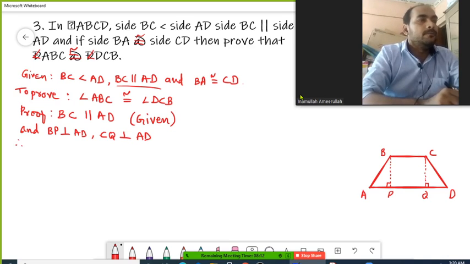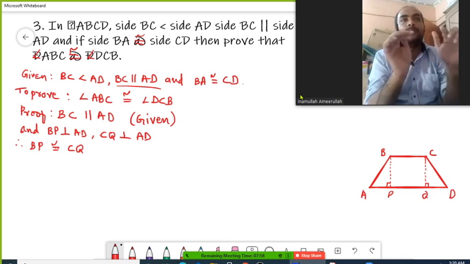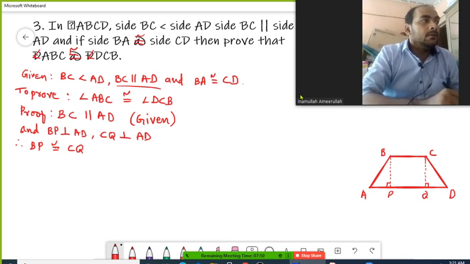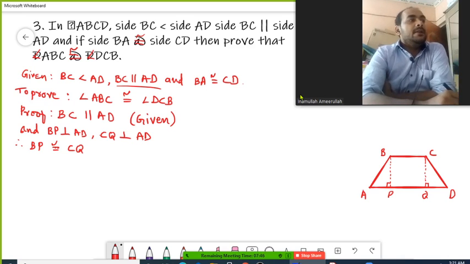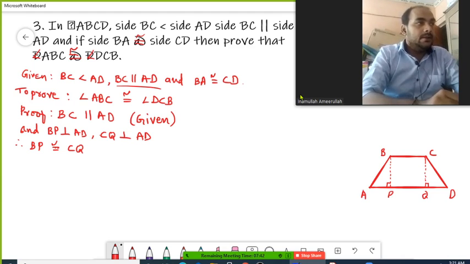Therefore, I can say BP is congruent with CQ, because if you measure the perpendicular distance between two parallel lines at any point, it will be the same. That is the reason BP is congruent with CQ: BC is parallel with AD and BP and CQ are perpendicular on AD.